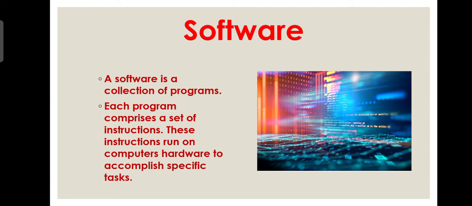These are all hardware because we can touch them and see them as well. And the CPU, central processing unit, we can also see and touch the parts of that CPU, right? So this is the meaning of software and hardware.